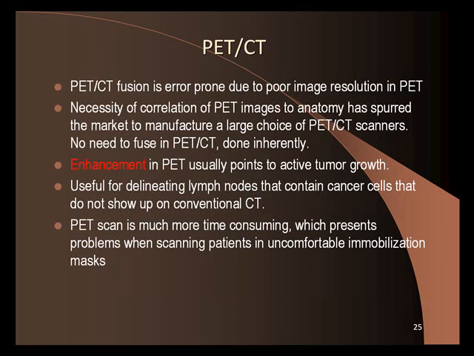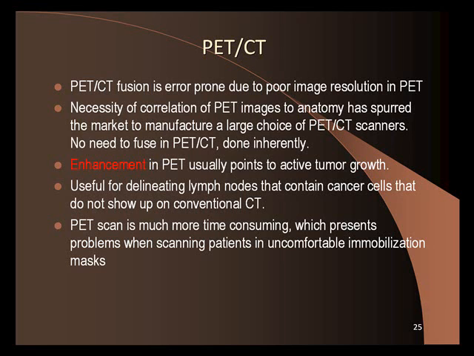PET CT. So these days you can buy scanners that are PET CT built into one. So the fusion is inherently fused. PET CT fusion is error prone due to poor image resolution of PET. So if you had a PET scan that came from one site and a CT scan that came from another site, and you tried to fuse it, it would be very hard because it's so hard to see anatomy on PET.